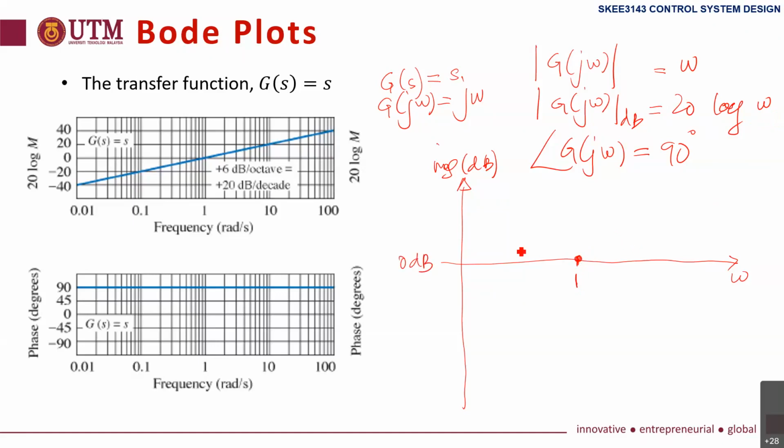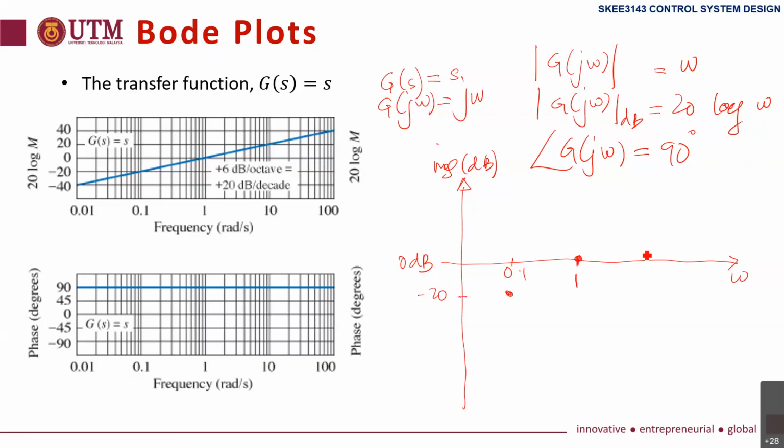When omega equal to 0.1, you get 10 to the power of minus 1, so it will be minus 20, here.